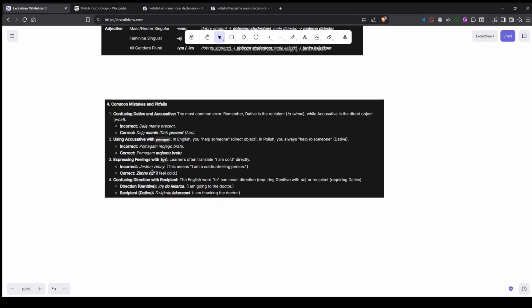And "mi" is the pronoun in dative. This is the pronoun meaning, the same way there is in English "my" or "mine," the Polish pronoun in dative, okay? And confusing direction with recipient. Last one. In English, the word "to" can mean direction or recipient, but it is important to see the distinction, okay? So when you say "I am going to the doctor," in Polish this actually requires genitive.